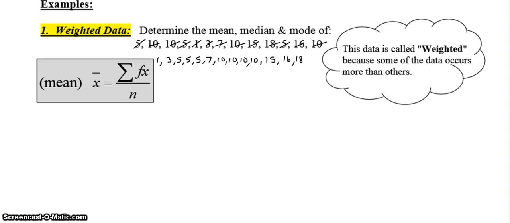Okay, now that that's been done, to start with the mean, this is the formula you have for mean. So remember that your symbol is an X with a bar on top. And what you're going to do is add up all the data and divide by how many pieces of data there are. So we're going to start with 1 plus 3 plus.